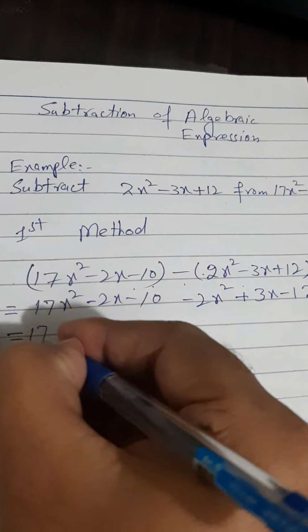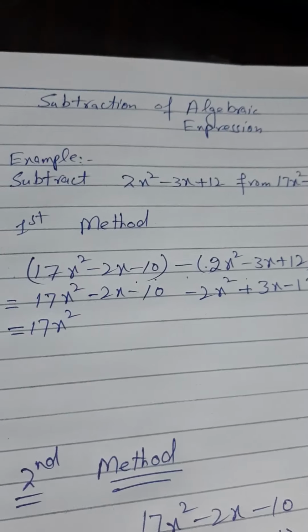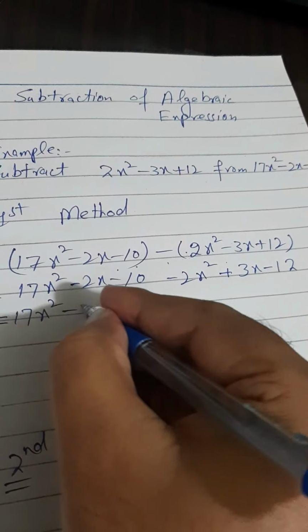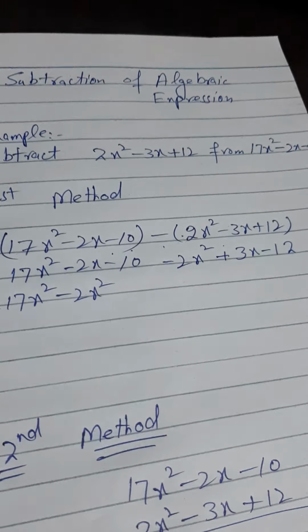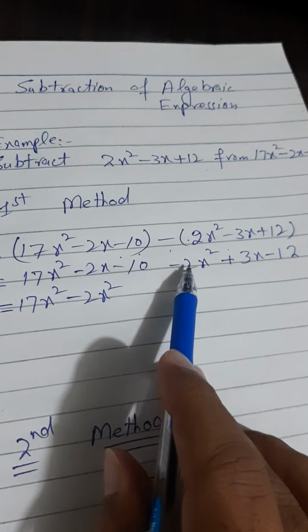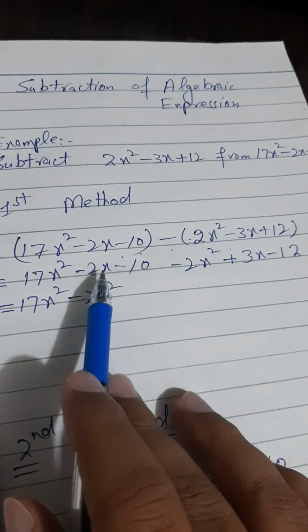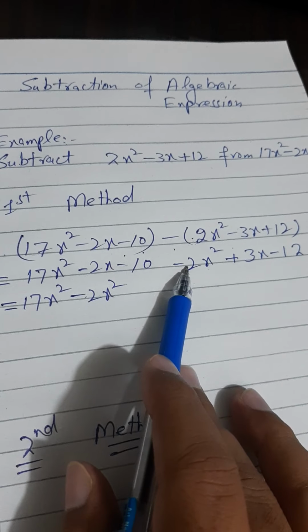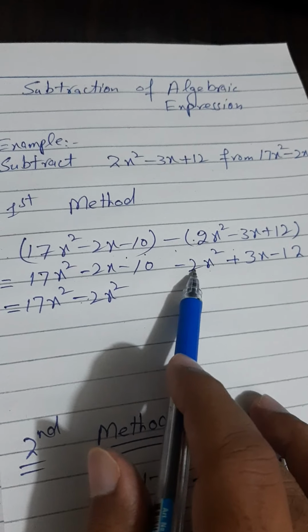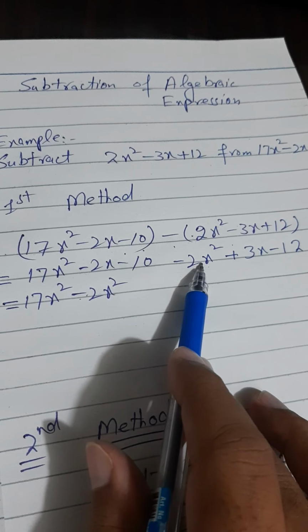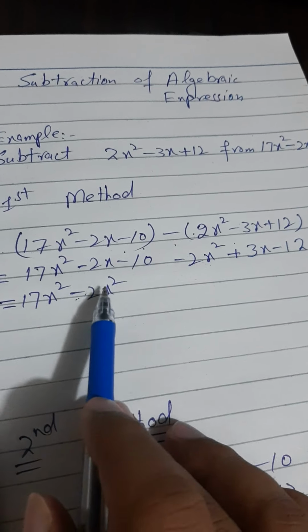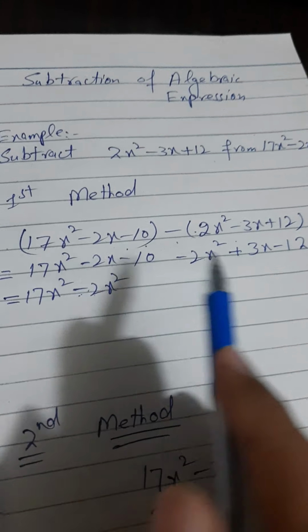We have to combine like terms. So 17x square, which is a like term with x square, minus 2x square. You have to remember that when you are shifting any term, you have to write its sign with it. Just like this minus 2x square, there was a negative sign, so I put the sign where I write this term.